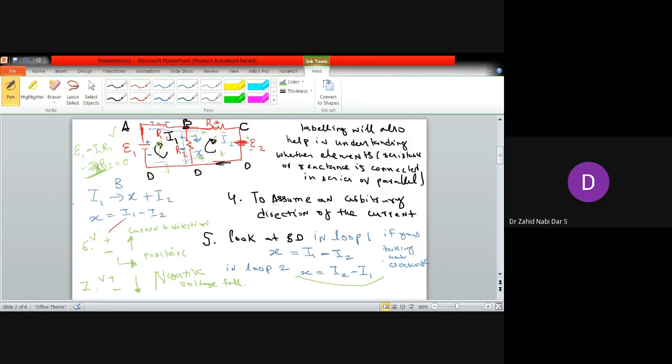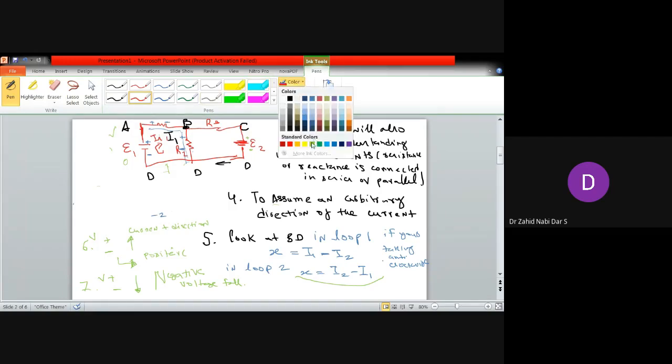See here, if you look at loop 2, you have to forget about loop 1. When you are looking at loop 2, the direction of I1 is like this, whereas the direction of I2 is like this.